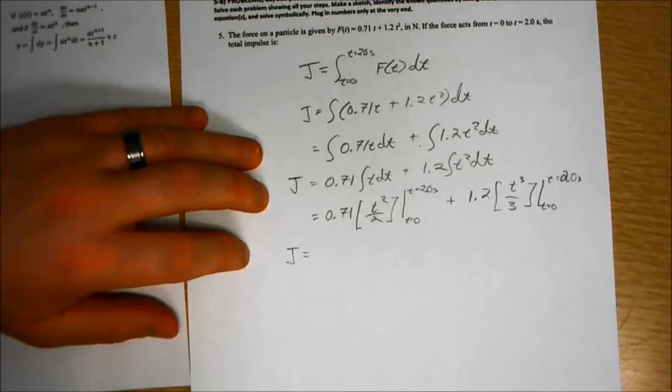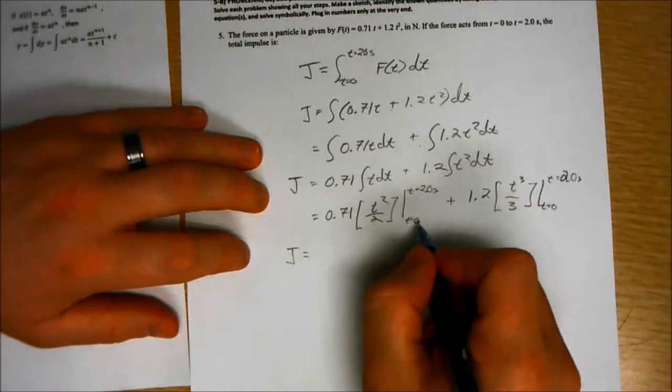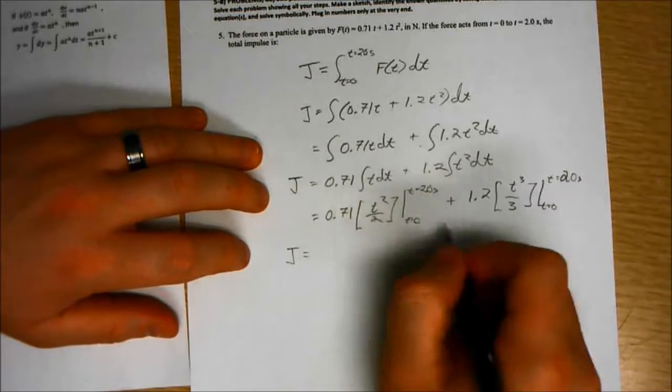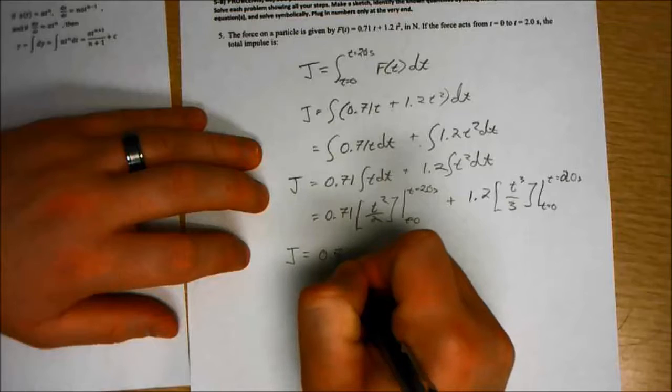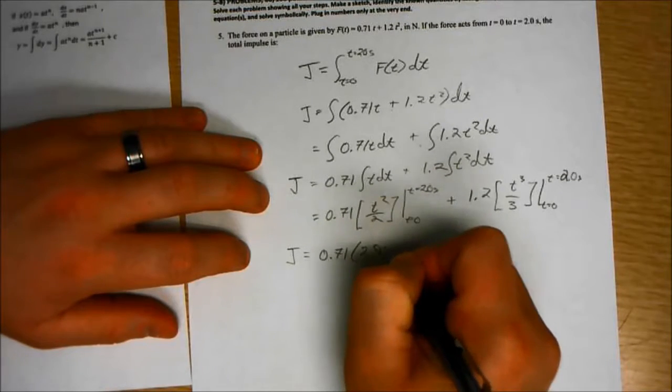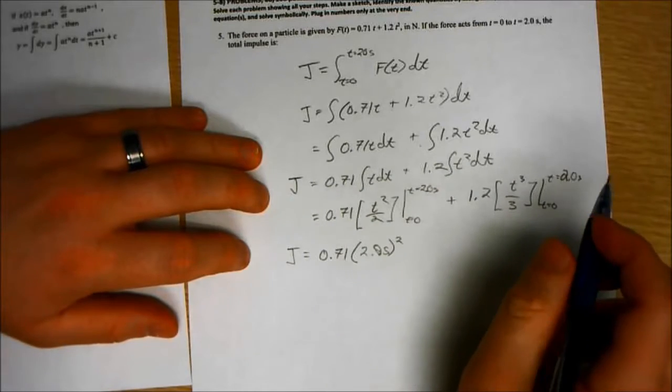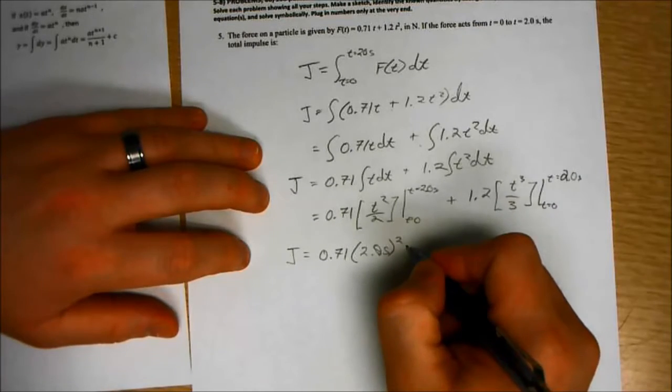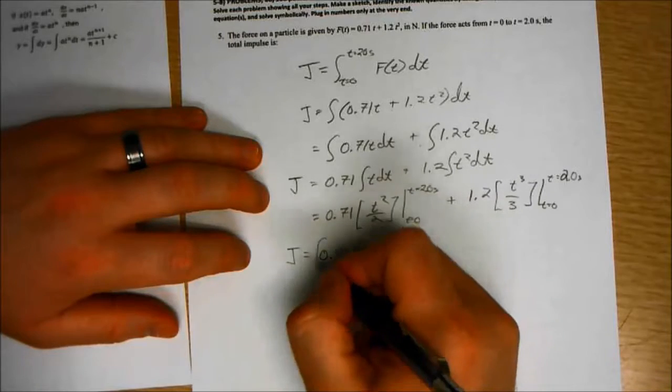So the impulse then, t equals 0 is nothing. The whole term is going to be 0 at t equals 0. So it's 0.71 times 2.0 seconds squared, over 2, minus 0.